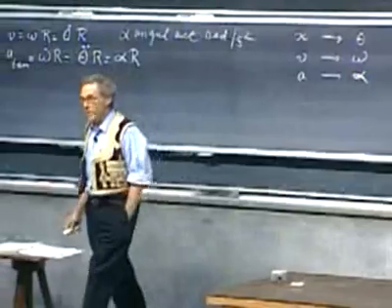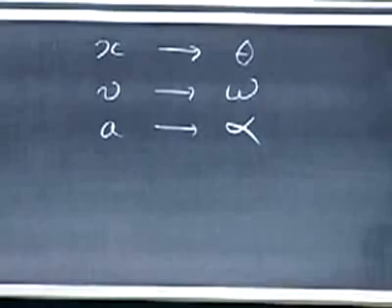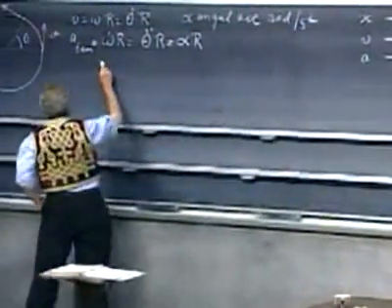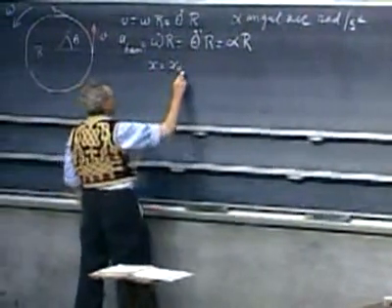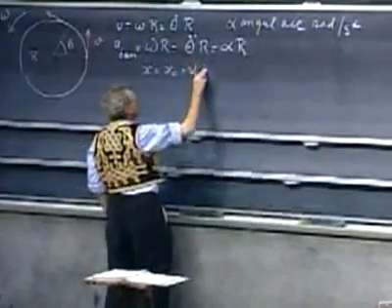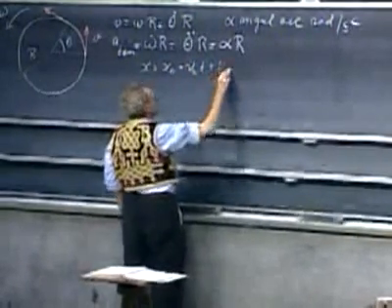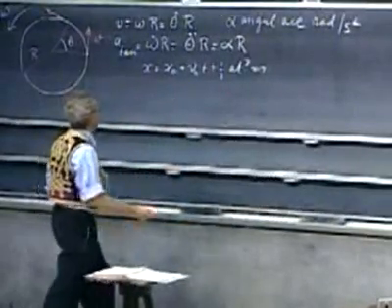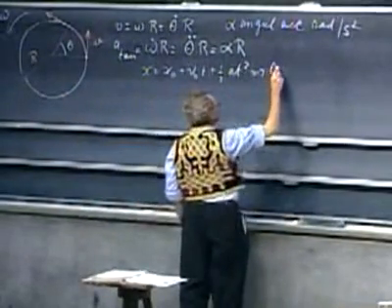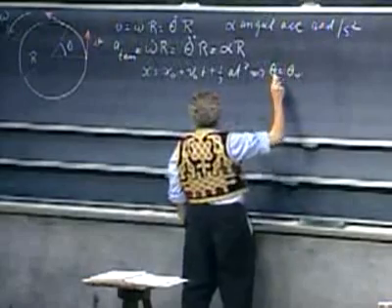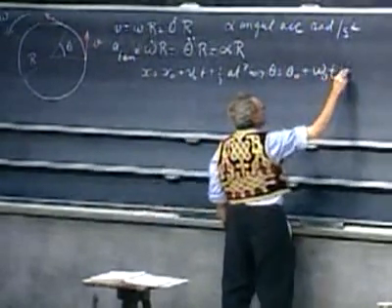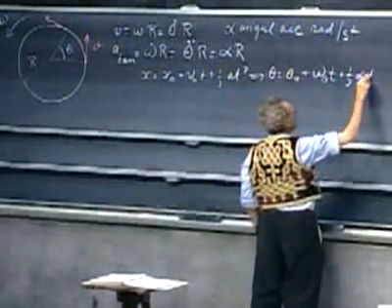For instance, the equation x equals x0 plus v0t plus 1/2 at squared simply becomes, for circular motion, theta equals theta 0 plus omega 0t plus 1/2 alpha t squared.